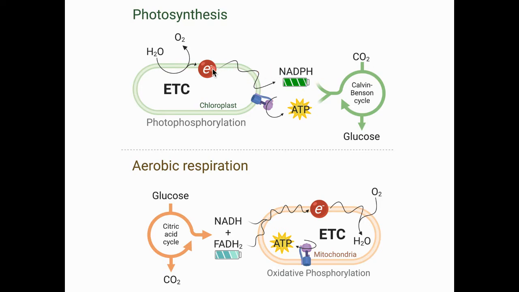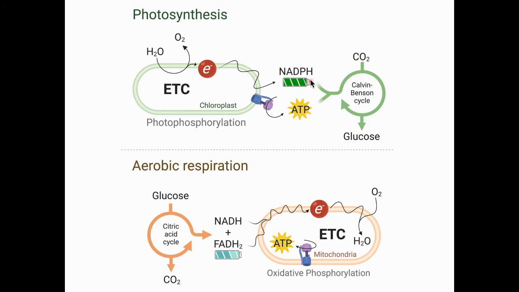Along the way that you transfer electrons, the complexes, such as photosystem, cytochrome or plastoquinone, will pump hydrogen out of the thylakoid lumen, and that will drive the transfer of phosphate to ADP, and you will get ATP as the result.